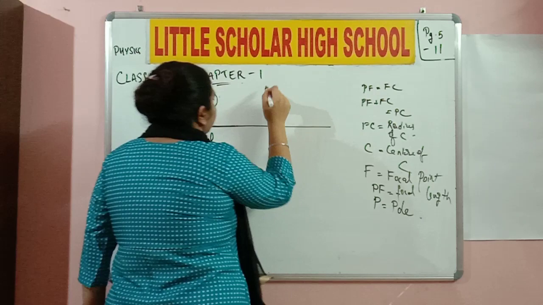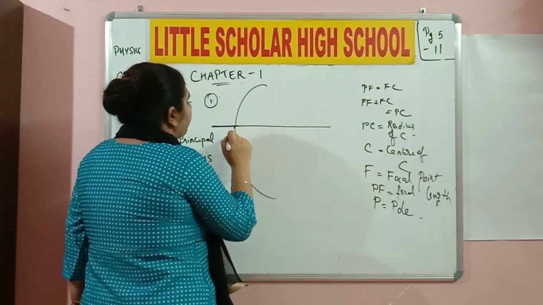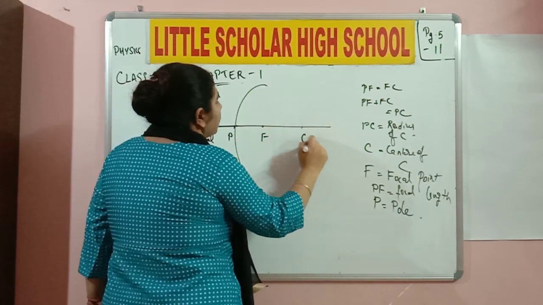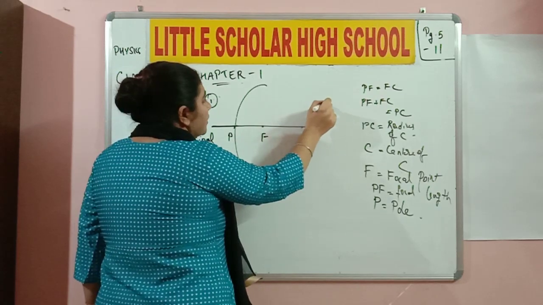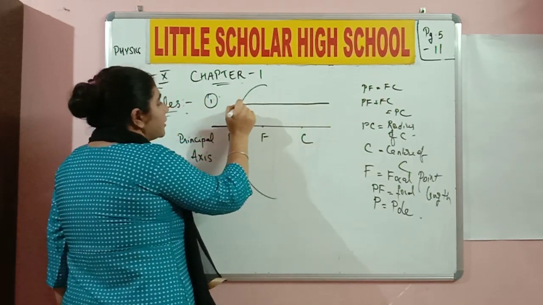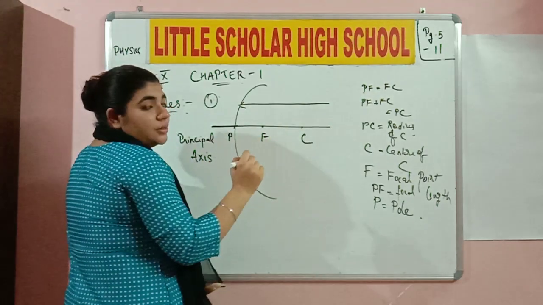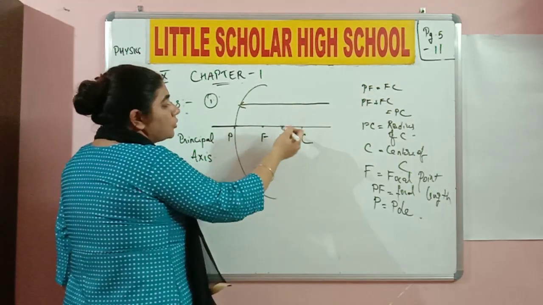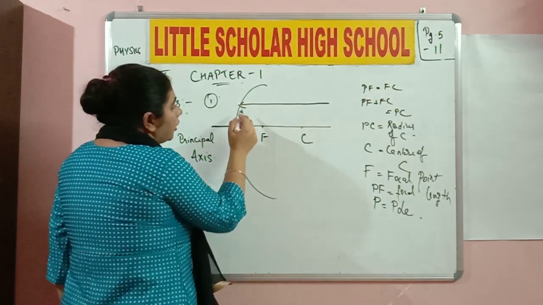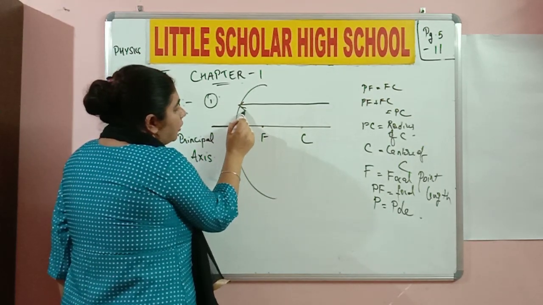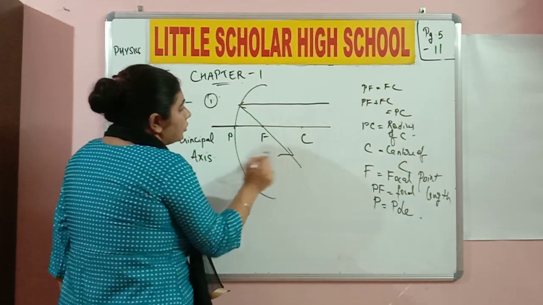If this was my principal axis, and this was my pole, the focus, and the center of curvature. If there is a ray which is coming from infinity, that's the incident ray. What is the nature of the incident ray over here? It is parallel to the principal axis. So here, this reflected ray is going to pass through the focus.